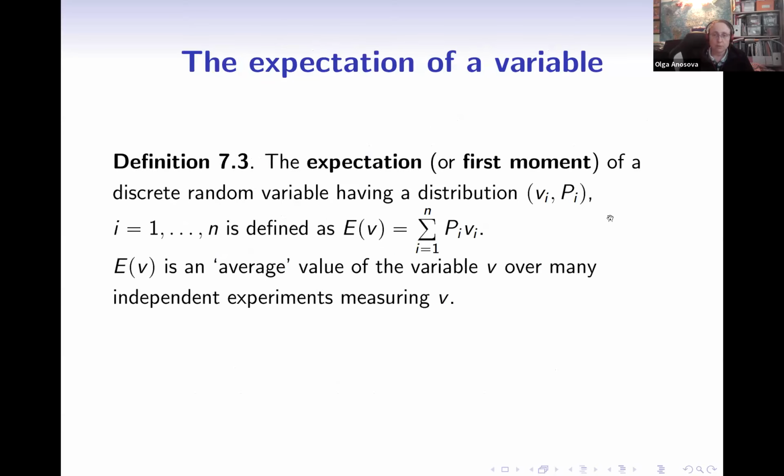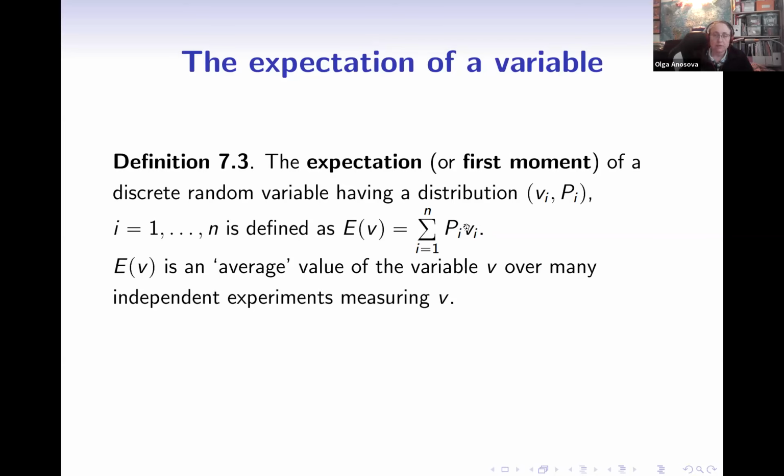Now, another important thing that is defined approximately at the same time is the expectation, also called first moment. So the expectation is defined very easily for discrete variables. It's just the product of a probability and a relevant value, a relevant number.